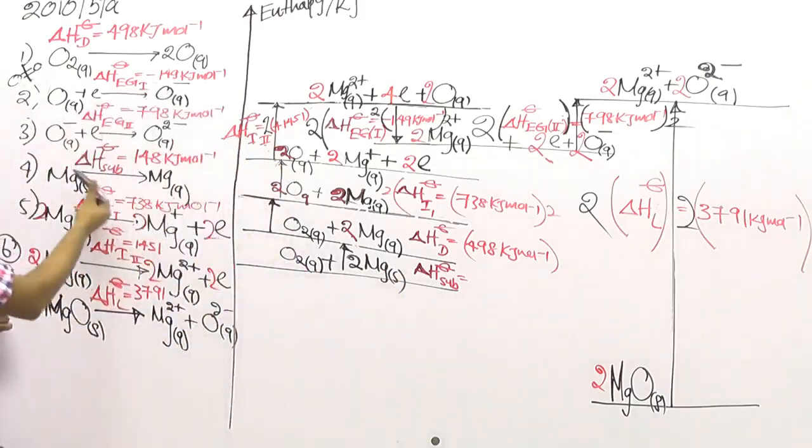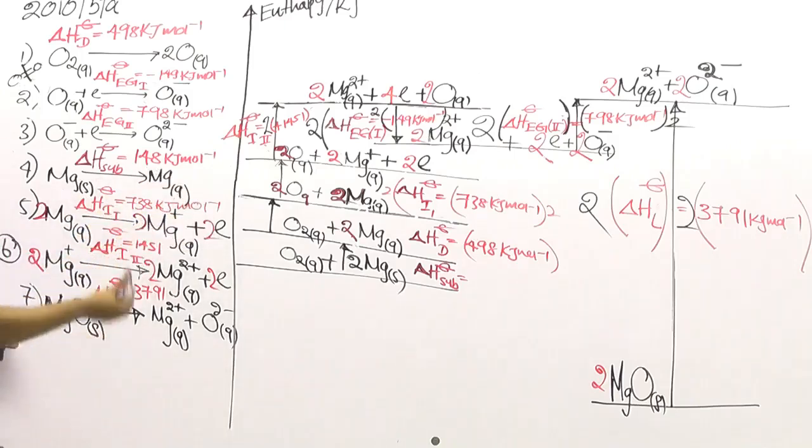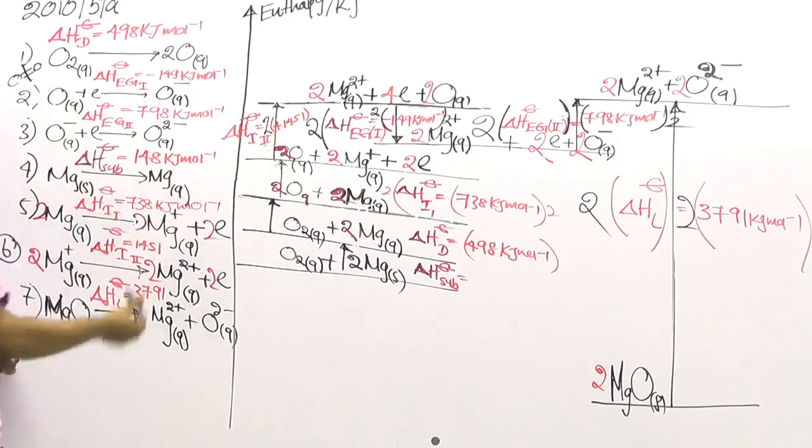To convert 1 mole of Mg solid into 1 mole of Mg gas, you need that amount of energy.